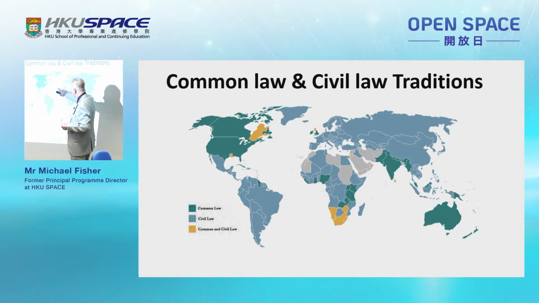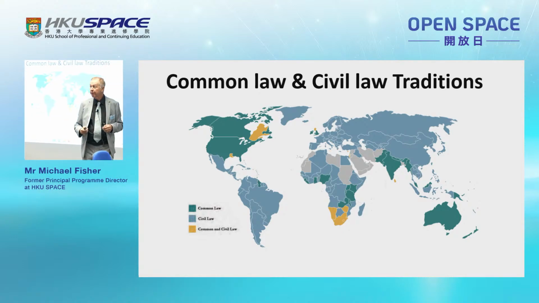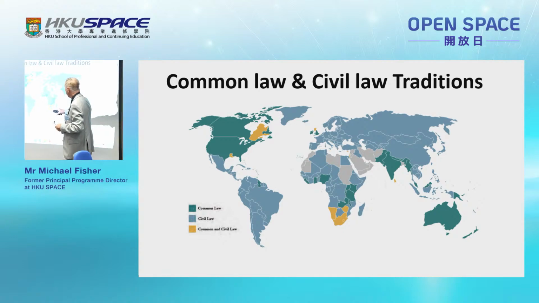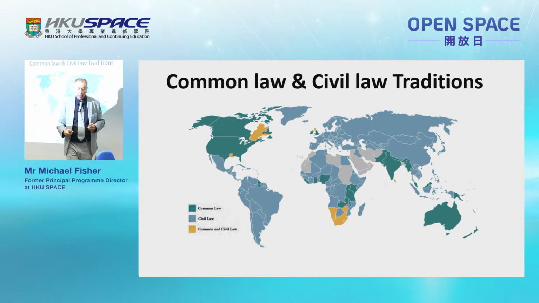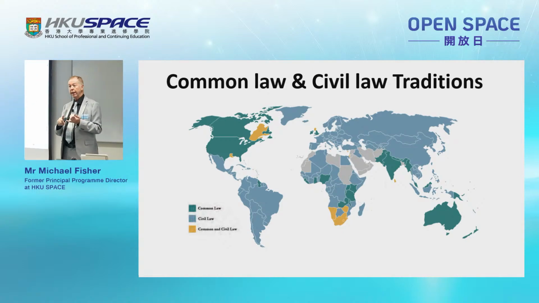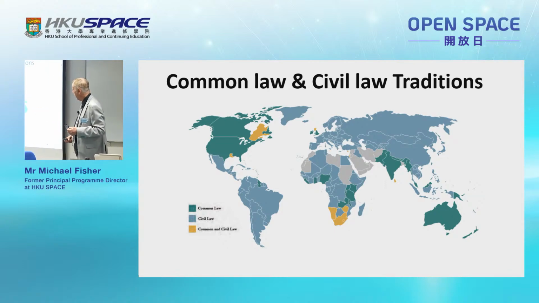And this bit in Canada, any thoughts? Anyone know much about Canada? This bit is called Quebec, and it was French. And when the British took over Canada, they allowed the French to keep their language, their customs, and their law. So that bit has common law and civil law.